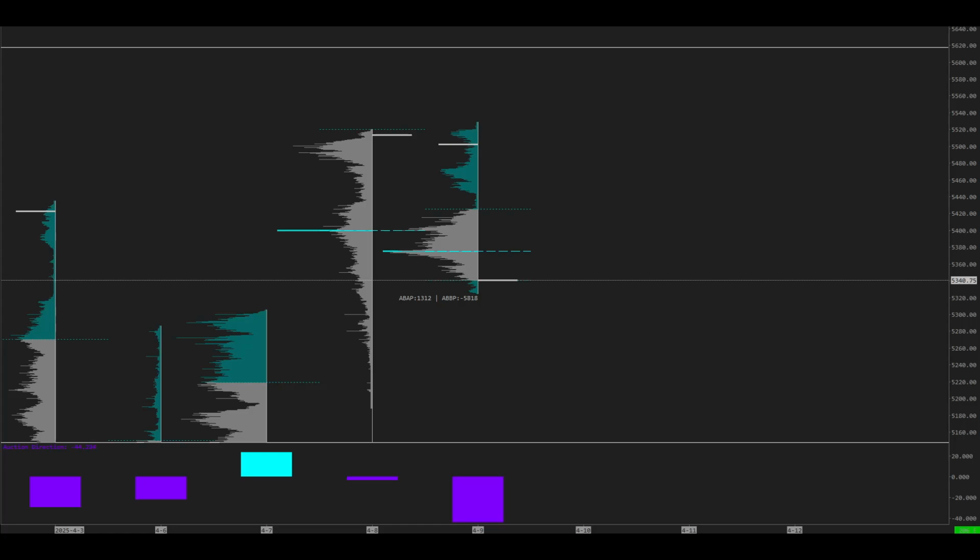It was a pretty tame overnight session. And it was a pretty extended move yesterday with the tariff pause news, so doesn't mean we're going to retrace the whole move, but we'll generally retrace at least partial.